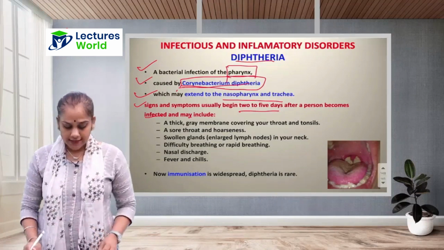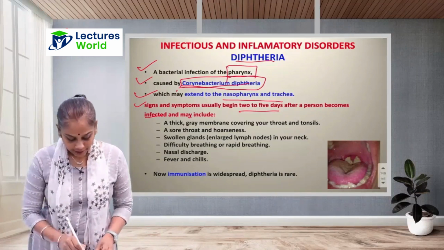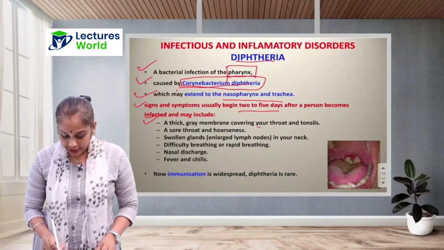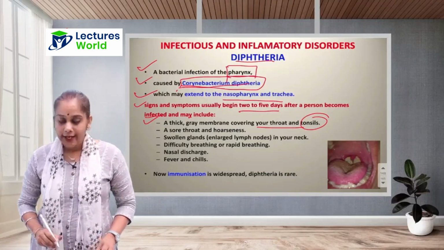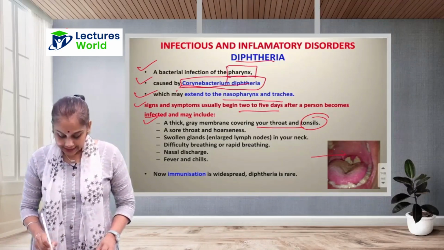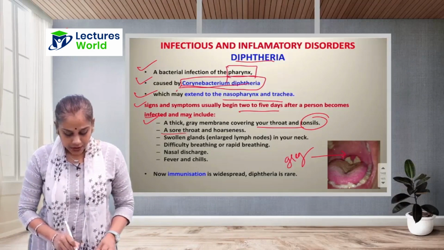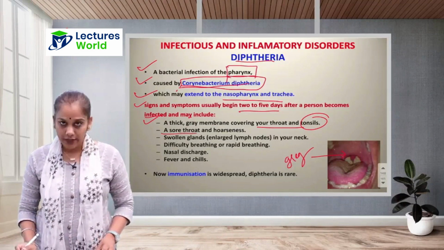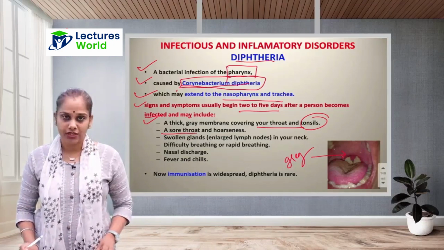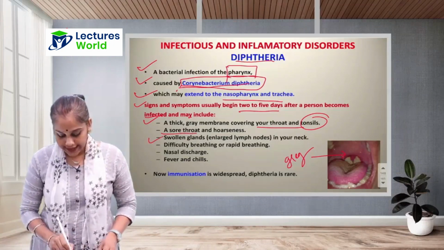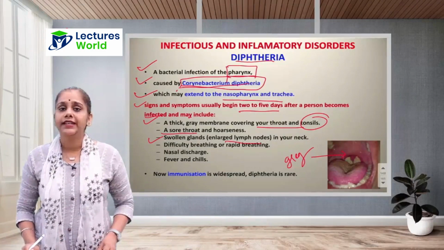Which are the symptoms of diphtheria? It includes a thick gray membrane covering your throat and the tonsils. You can see here there is a gray membrane, a sore throat and hoarseness of the voice because of the infection in the throat area, swollen glands, or we can say enlarged lymph nodes in the neck area.